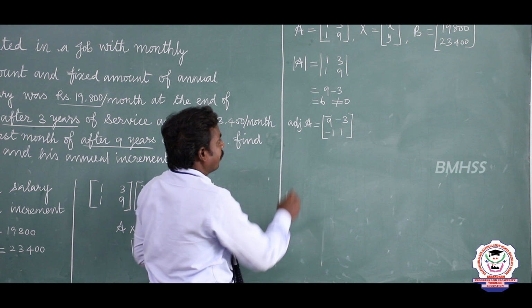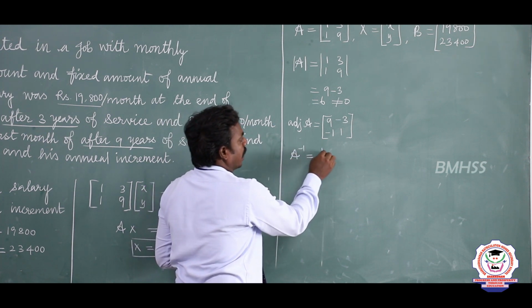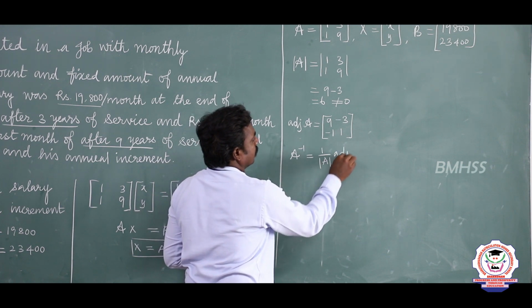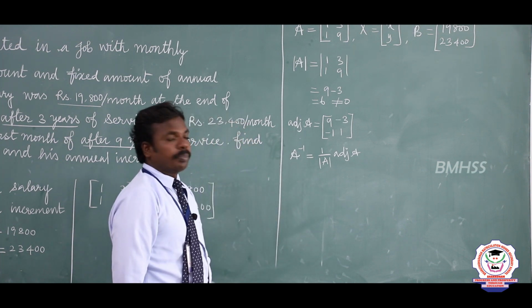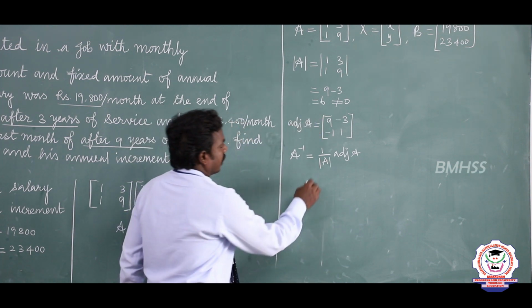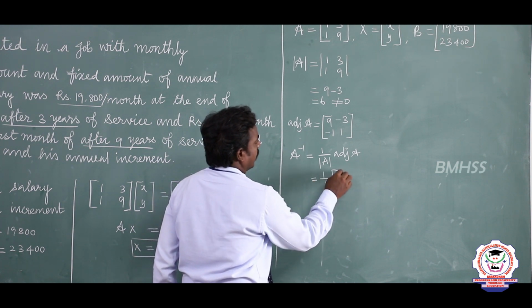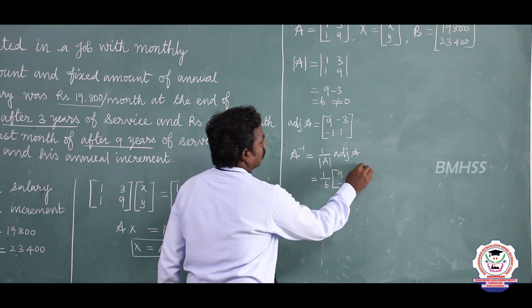From this we can easily find A inverse. What is the formula? A inverse equals 1 by determinant of A into adjoint of A. The determinant of A is 6. Therefore A inverse is 1 by 6 into the matrix 9, minus 3, minus 1, 1.